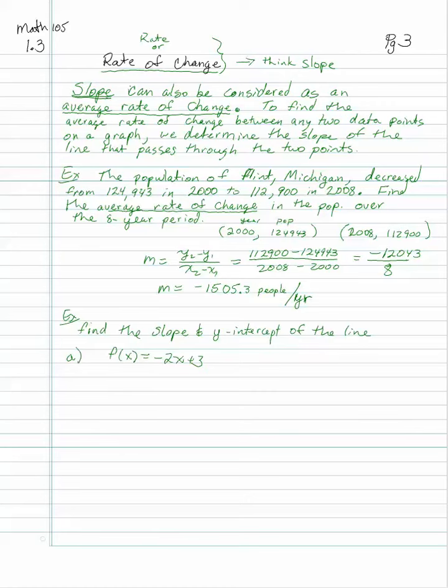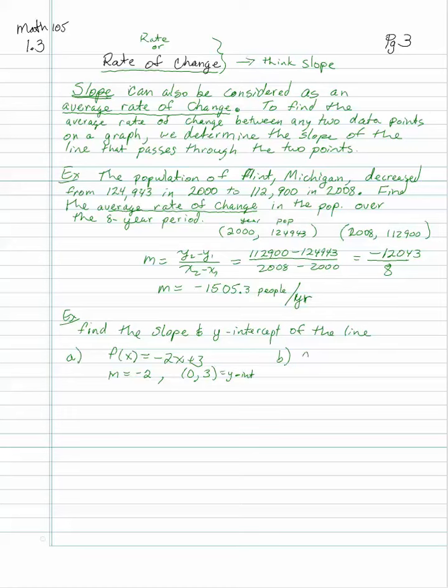Okay, so find the slope and y-intercept of the line in the given equation. Again, slope-intercept form, y equals mx plus b, so m is the -2. And then the y-intercept is not 3, it is (0, 3). Okay, that's the y-intercept. And let's try another one.